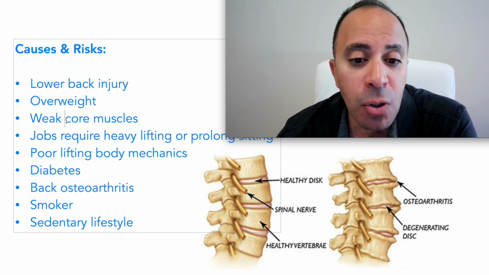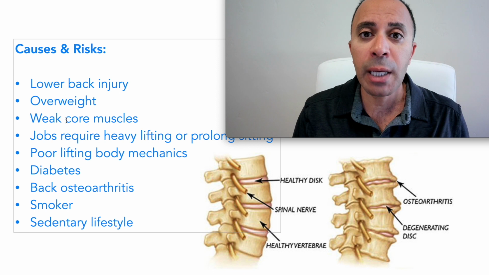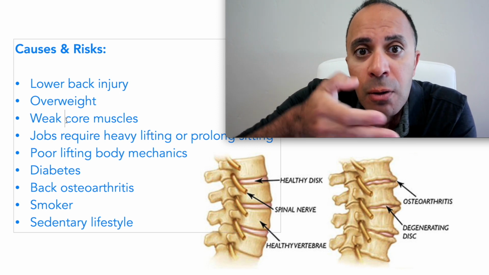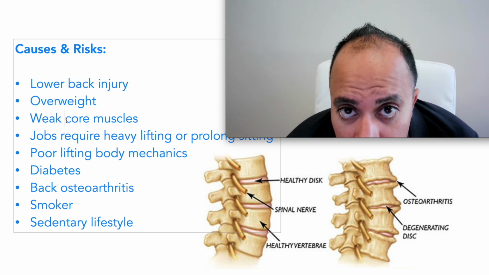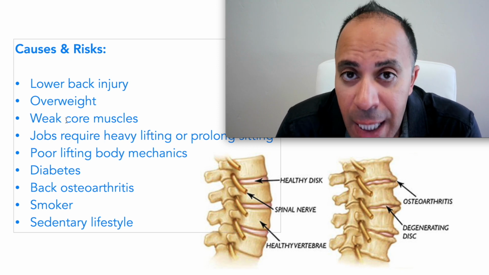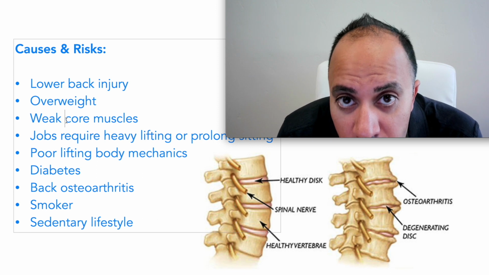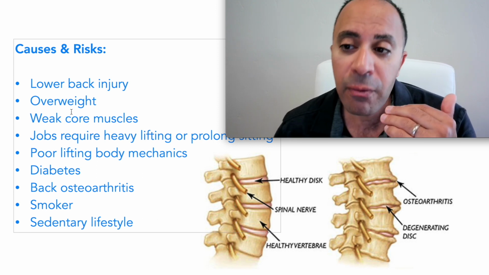Another risk factor is weak core muscles, so you're not really maintaining proper posture like this. You're actually wearing your disc on one side, and that could cause a tear from poor posture. And if your core is weak, you really depend on your disc and your vertebra to keep you upright so you don't fall forward. That increases your risk of having a disc issue.